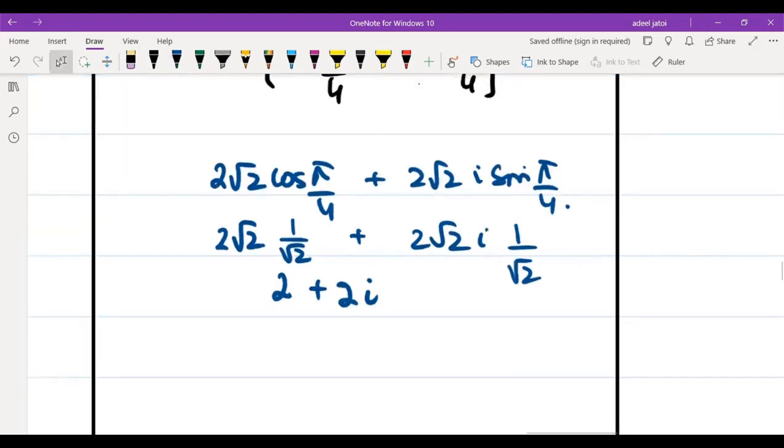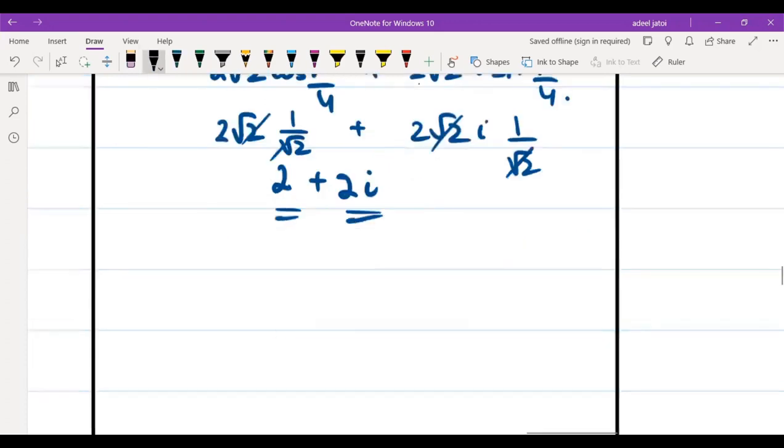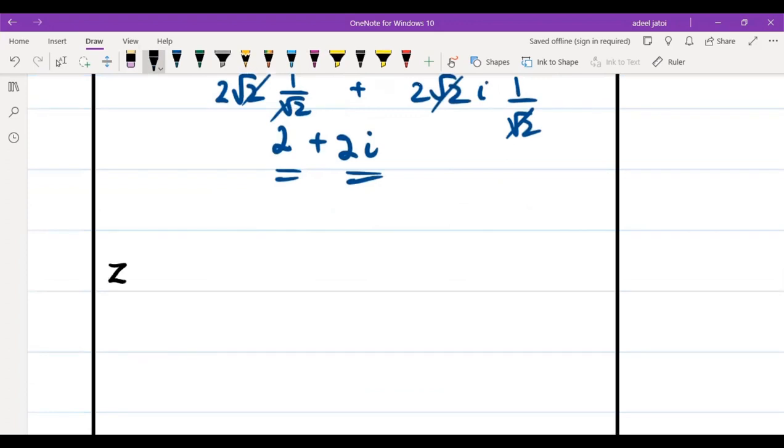So the under roots cancel here, and you are left with 2 plus 2 iota.